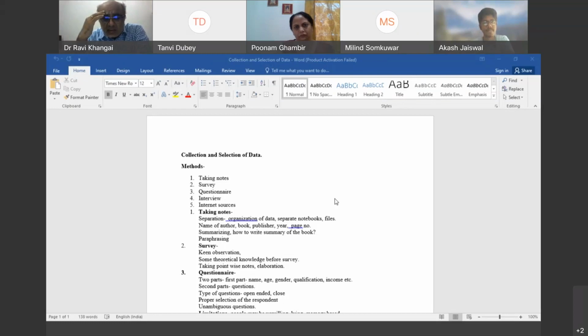Similarly, when you go for survey, it's quite possible that the temple you are studying might be a crowded place, and you cannot just sit there for hours together and write down all your elaboration. So it is also a skill that while taking notes during the field work, you may have to take the notes in short, but you need to elaborate them when you come back, and that is a discipline required.